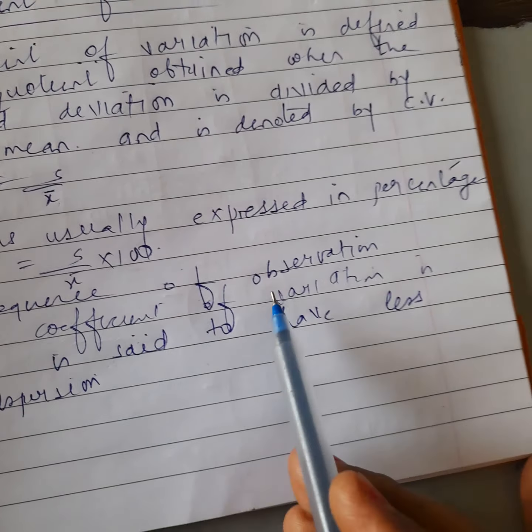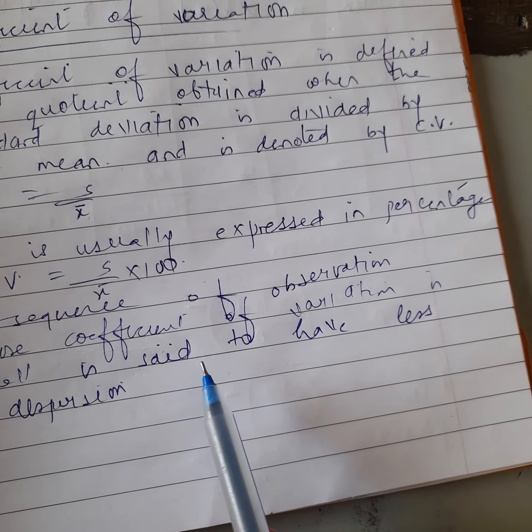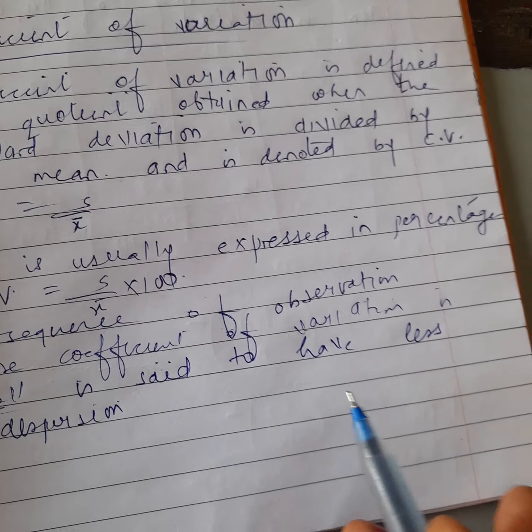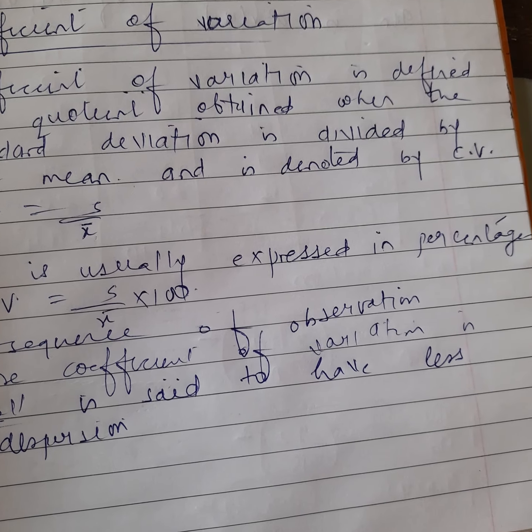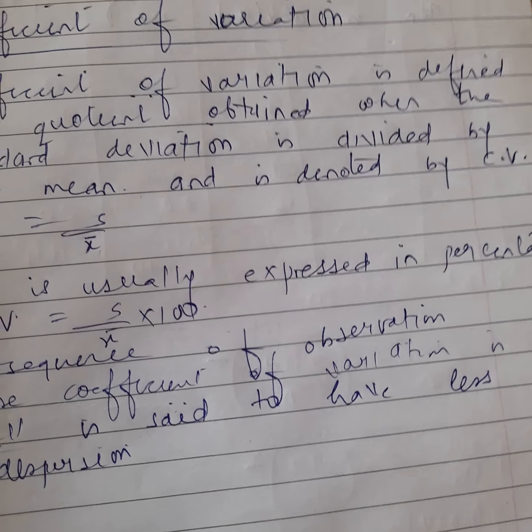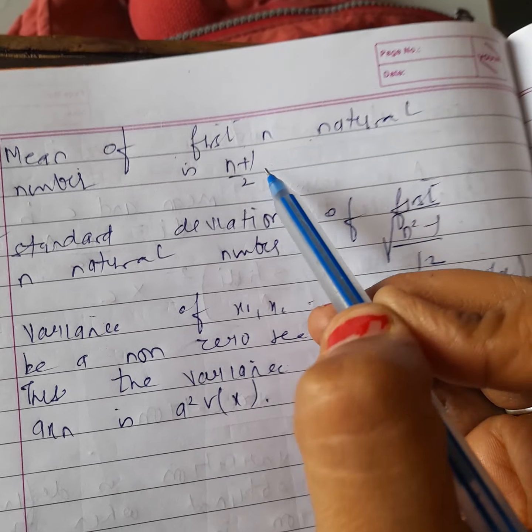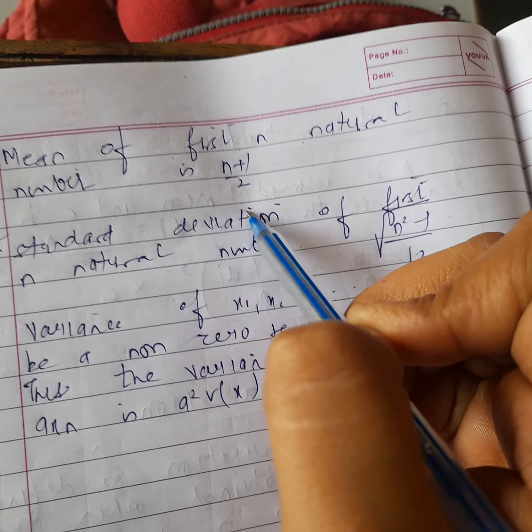And a sequence of observations whose coefficient of variation is large is said to have more dispersion, or it is said to be less stable, right? Also, the mean of the first n natural numbers is (n plus 1) by 2.